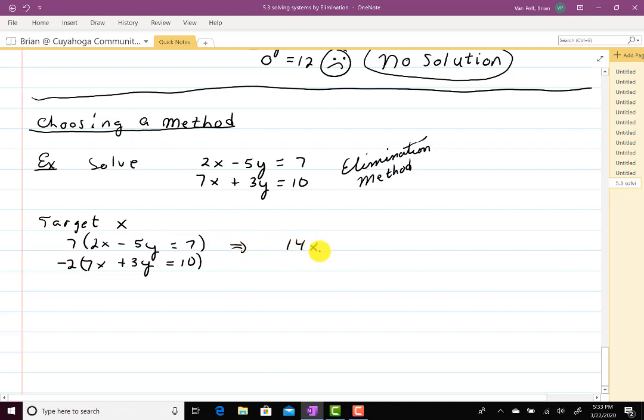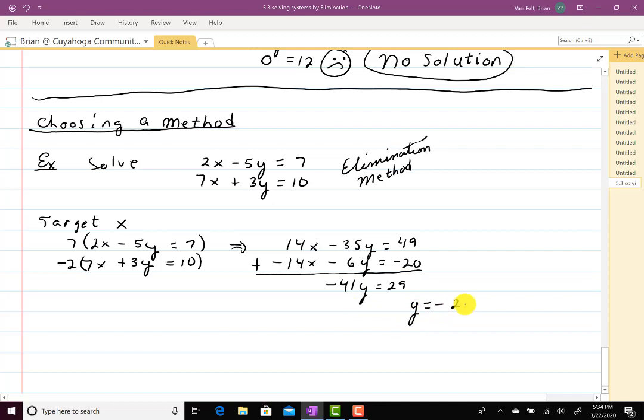So I get, for the first equation, 14x minus 35y equals 49. Second equation, I get negative 14x minus 6y equals negative 20. When I add them together, I get negative 41y equals 29. Divide by the negative 41, and I get y equals negative 29 over 41.